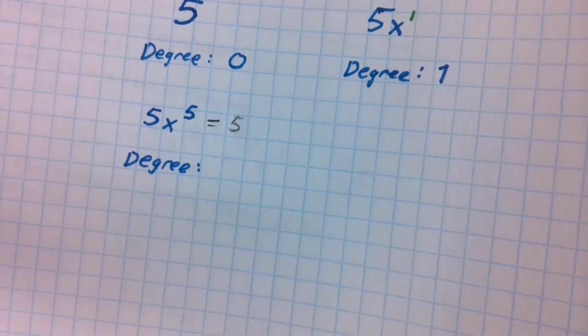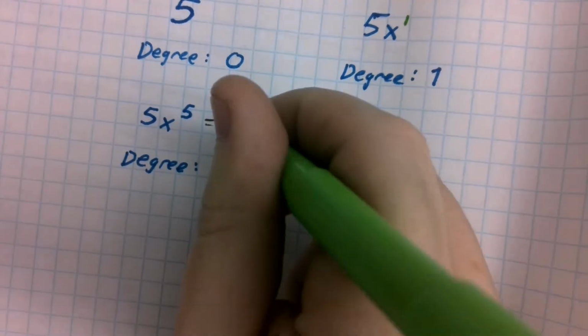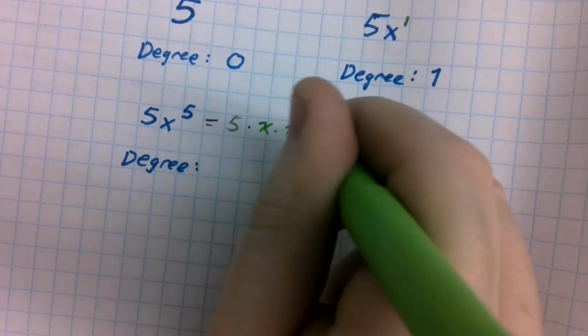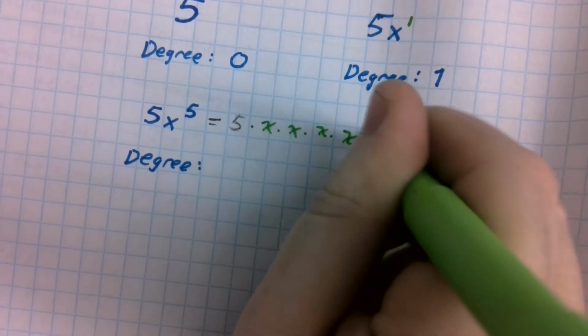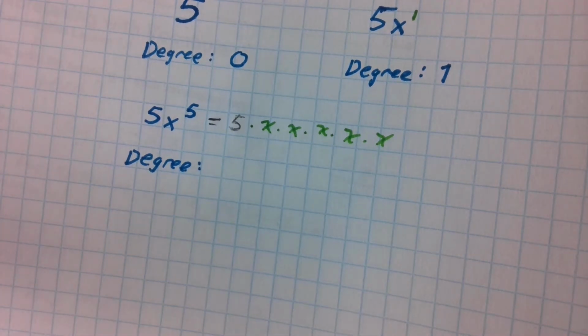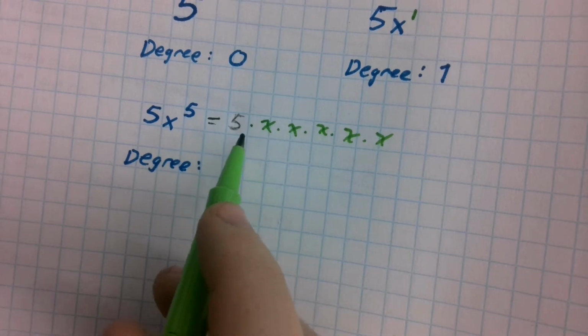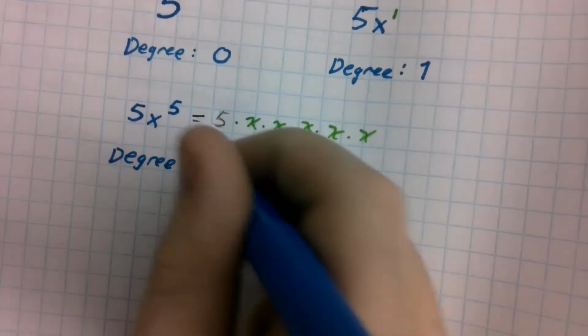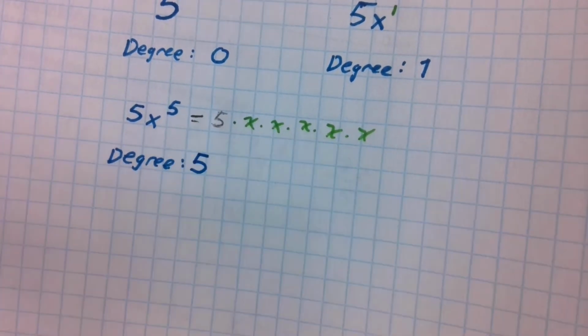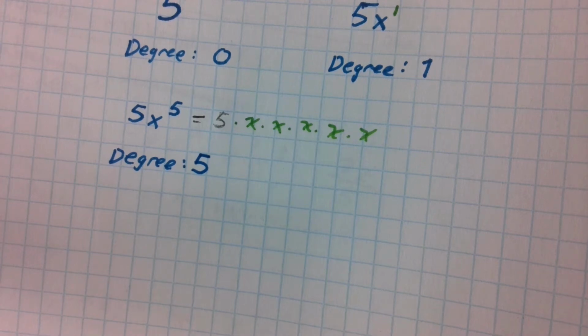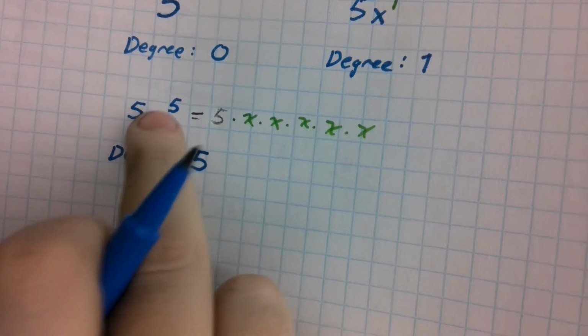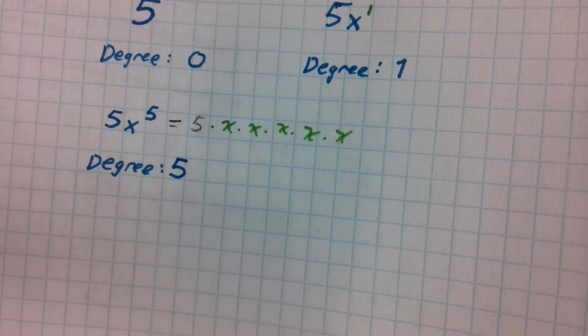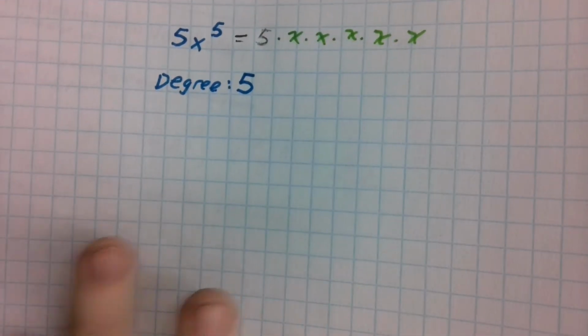This would be the same as 5 times x times x times x times x times x. So, how many total x's are being multiplied in this problem? There are 5 of them, so it would be degree 5. Again, for this following definition, you can just count up the exponents in the problem. X to the 5th, so the answer is degree 5.